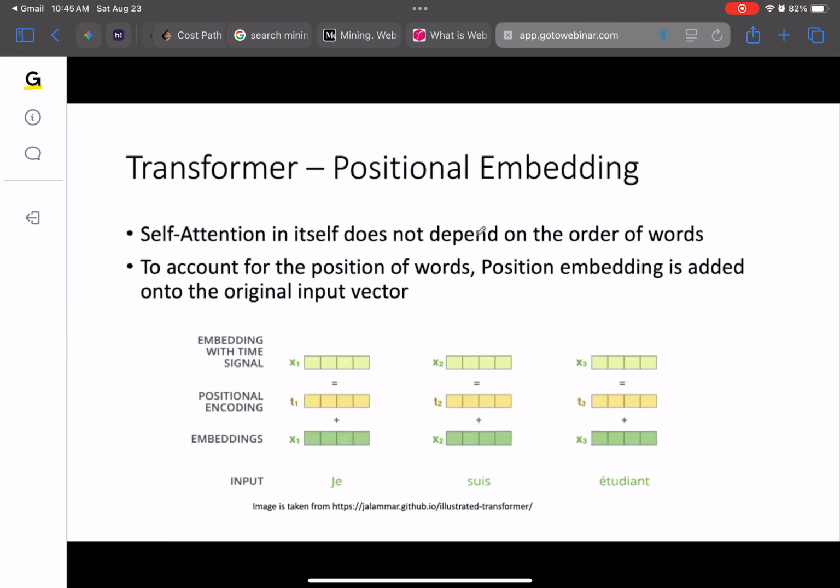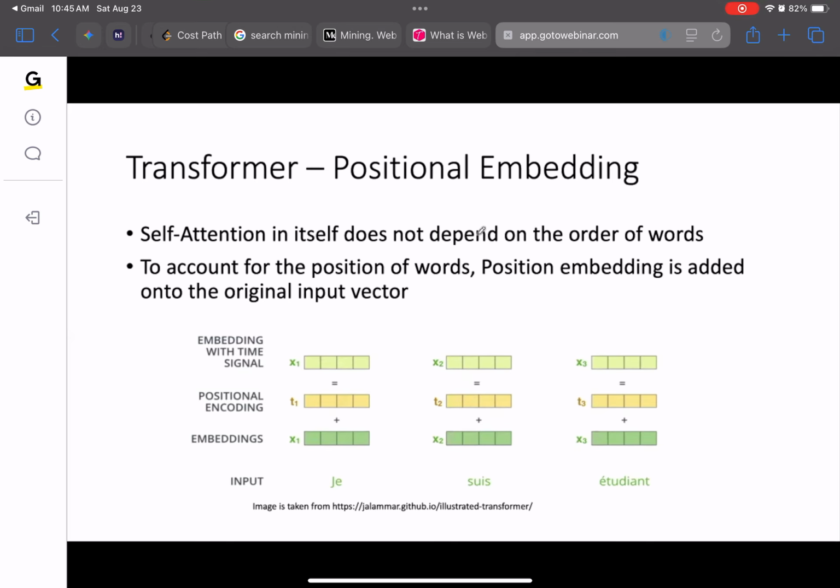So we introduce a concept called positional embedding that helps us introduce this position variable, to account for the position of words. There are different ways in which position embedding vectors are derived.